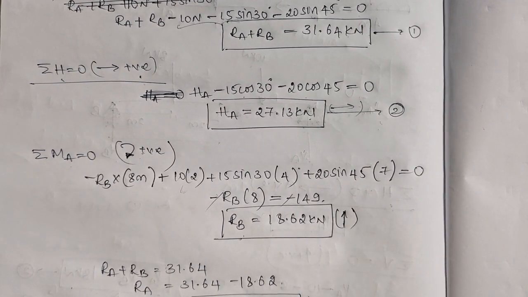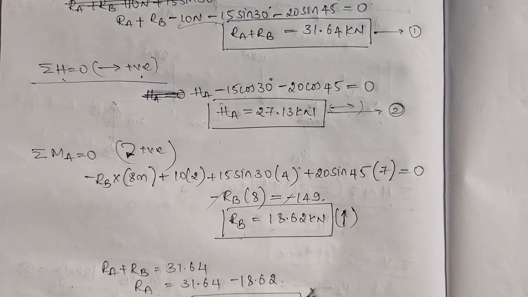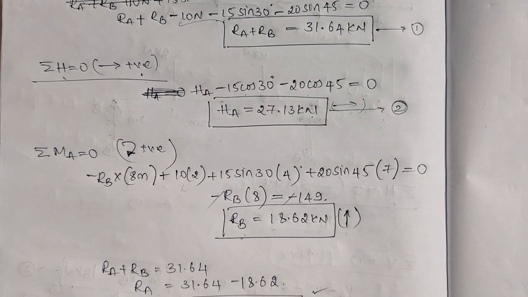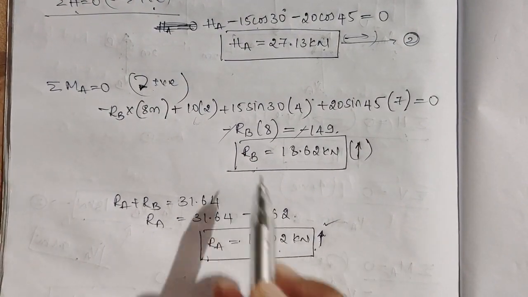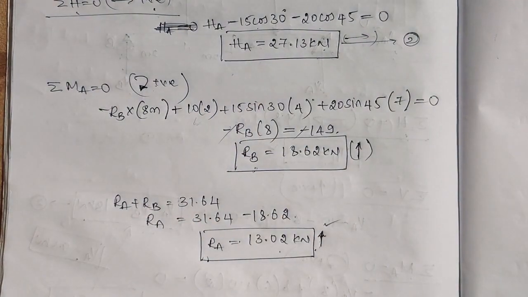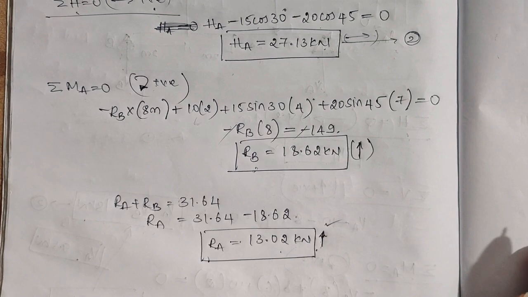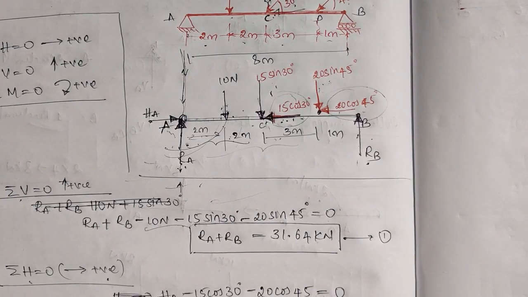We assumed this RA reaction as upward, so it is also positive, so our assumption is right. The solution of the problem is RA is equal to 13.02, RB is equal to 18.62, HA is equal to 27.13. So these are the support reactions for this beam. You have to do this much.